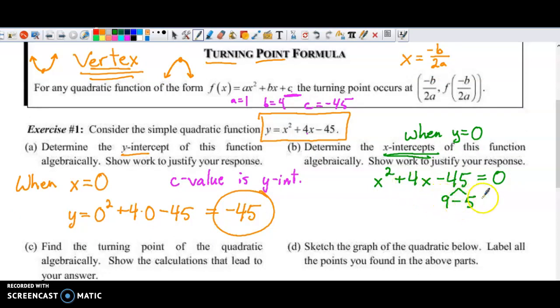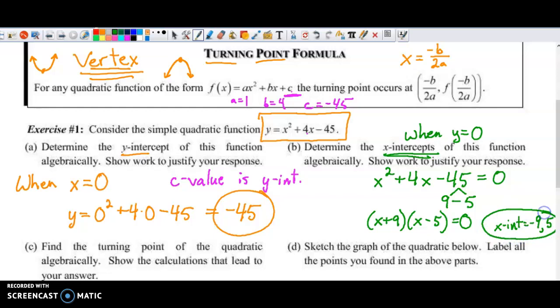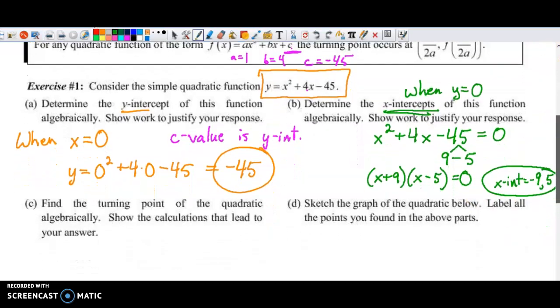And I agree that 9 plus negative 5 gives me 4, so in factored form we would write x plus 9, x minus 5. But remember, the x-intercepts are the opposite values: negative 9 and positive 5. So there's not a shortcut. You actually have to know how to factor to get that answer.